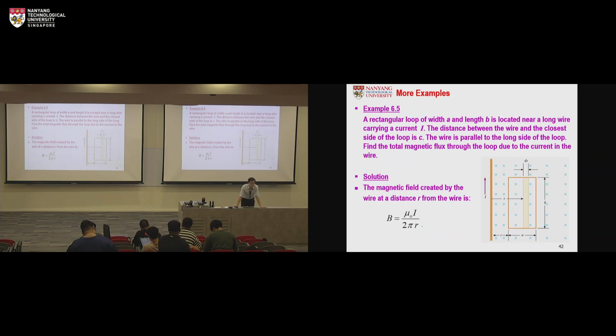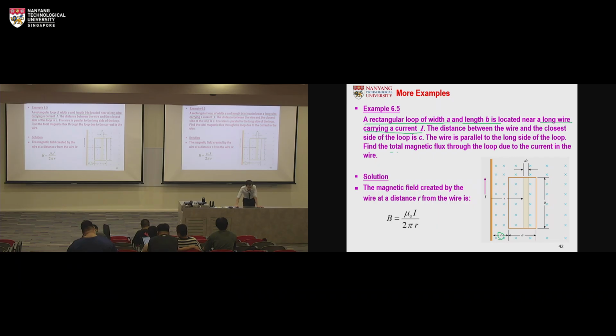Okay, we have one more question. There is a rectangular loop with a length A times B, near a long wire carrying current I, and the distance from the wire is C. The wire is parallel to the long side of the loop.